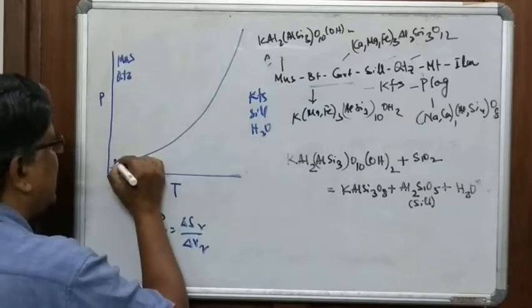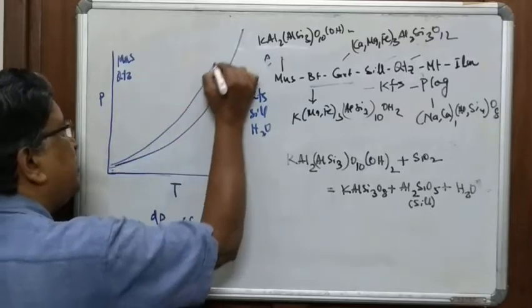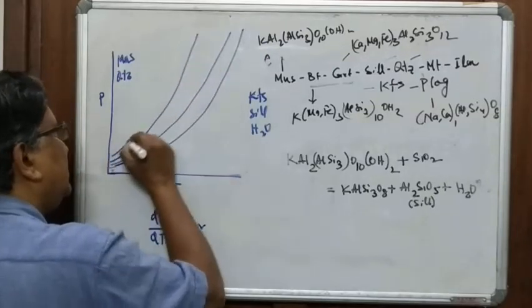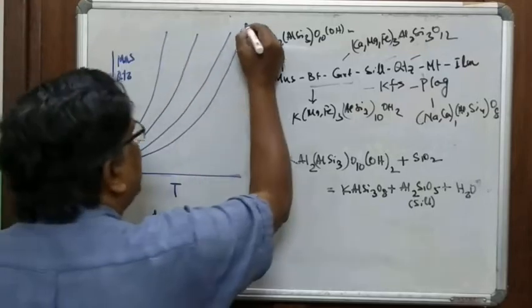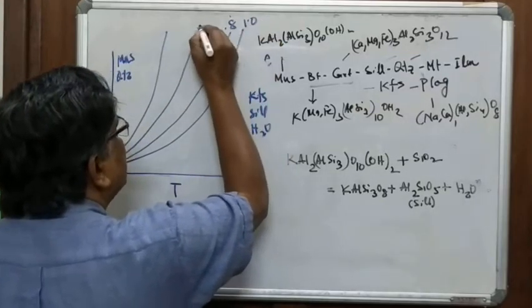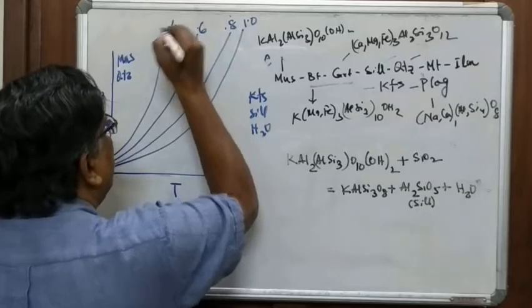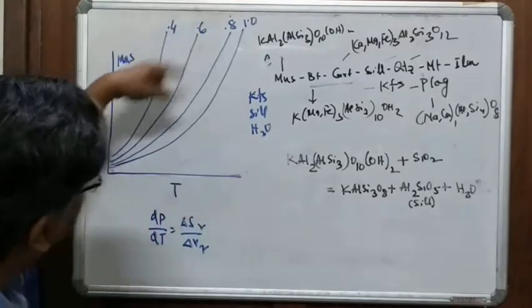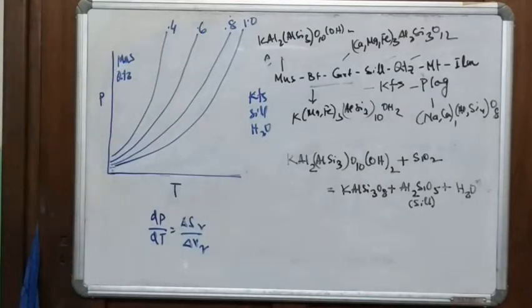So if you reduce H2O, then the reaction moves like this. So this is XH2O 1.0, this is 0.8, this is 0.6, this is 0.4.